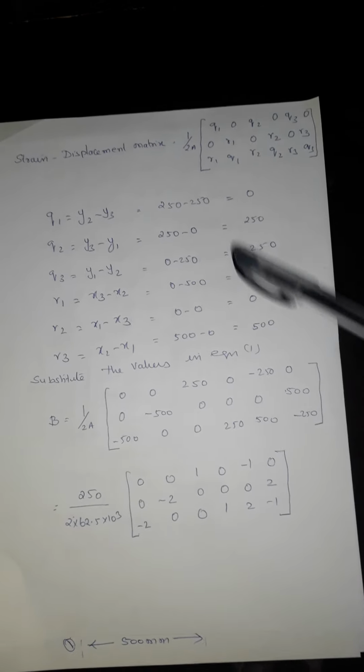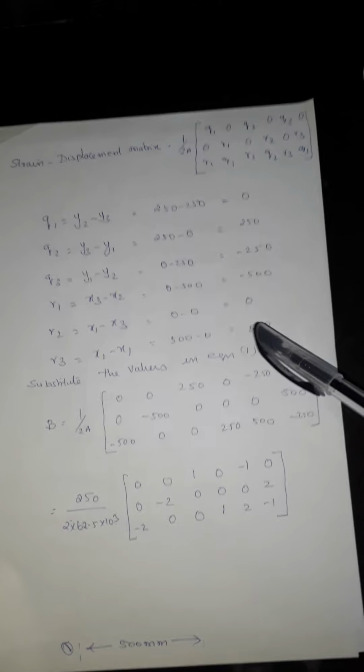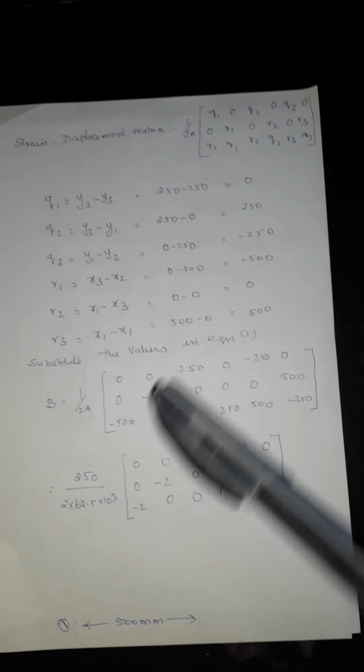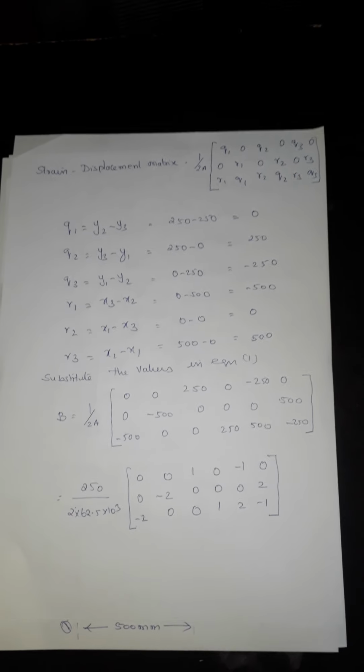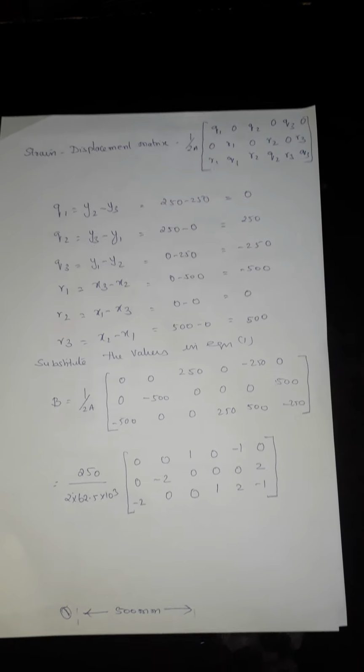These values are q1, q2, q3, r1, r2, r3. These values are substituted here, the area I know, and dividing, you get this value.